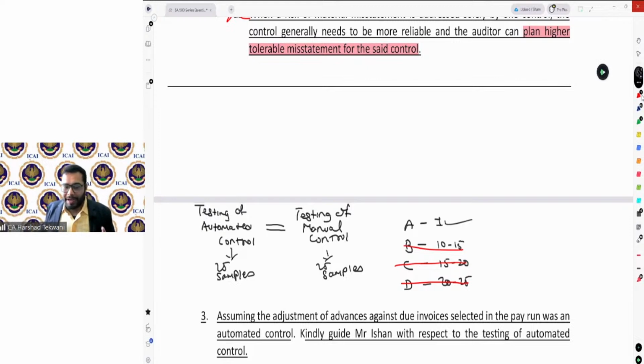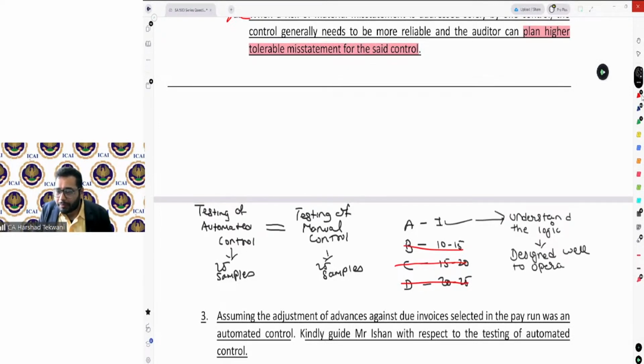In the case of an automated control, I need to understand the logic, and I need to understand whether it is designed well to operate effectively.